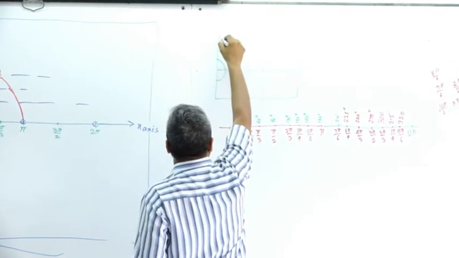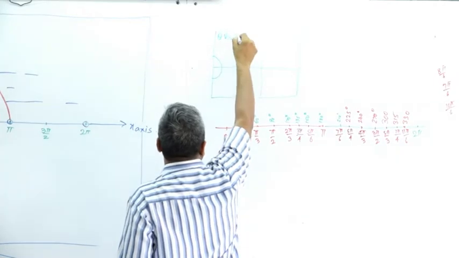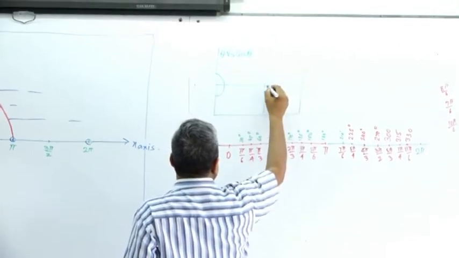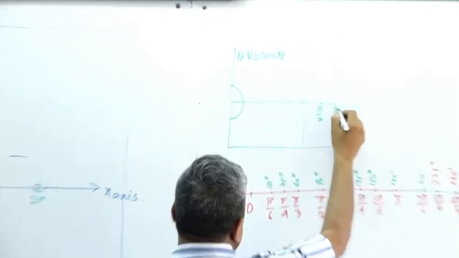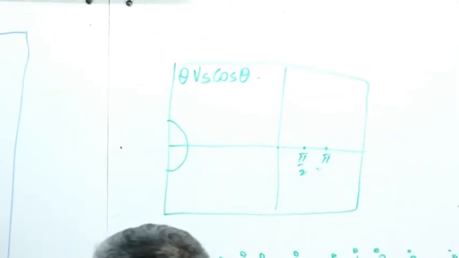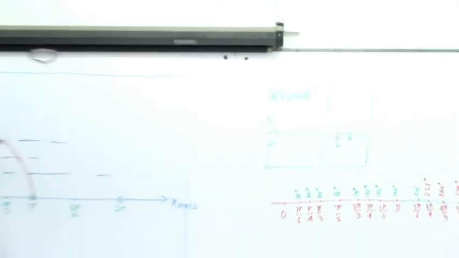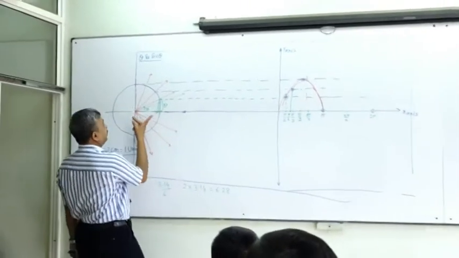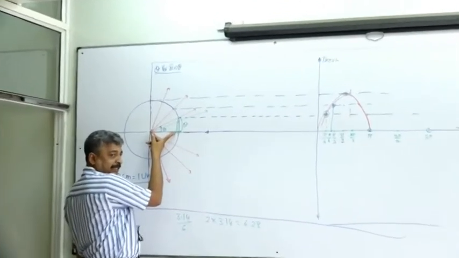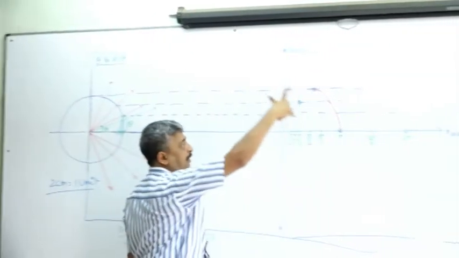Only thing is that we are plotting theta versus cos theta. And then suppose this is your pi by 2, this is pi, etc. At that point we are not going to follow the horizontal line, but we will take the horizontal distance in compass and plot it vertically here.